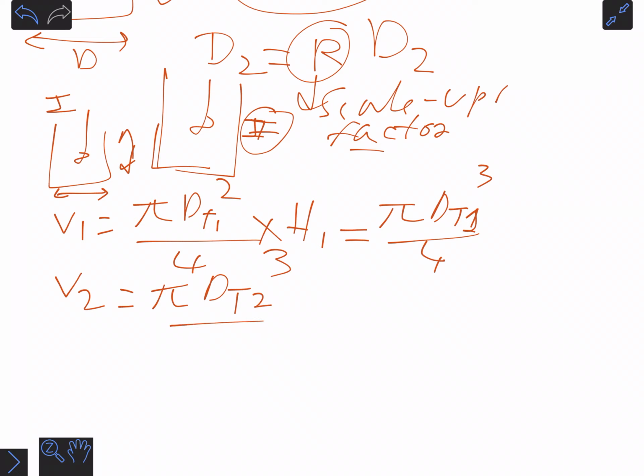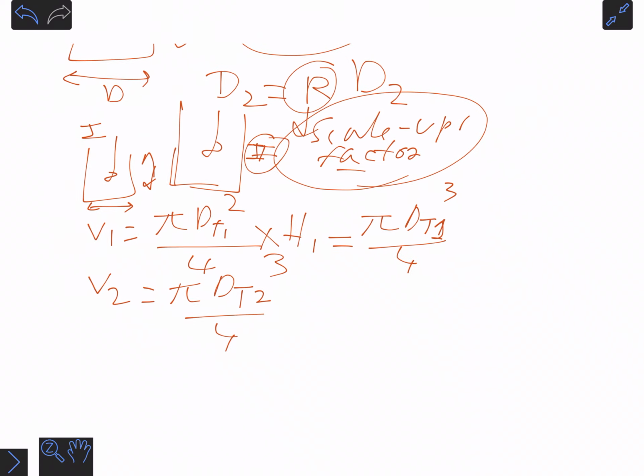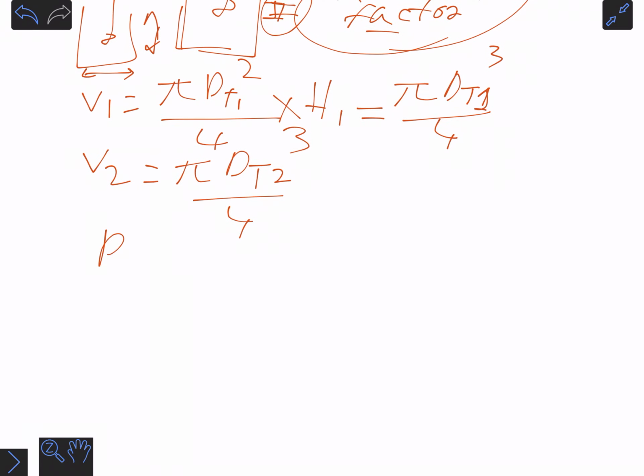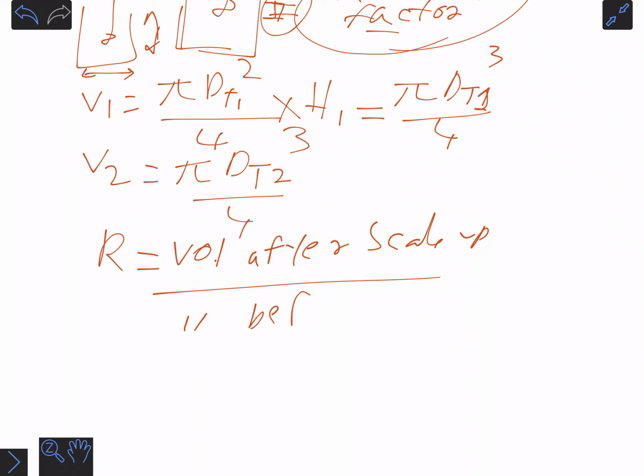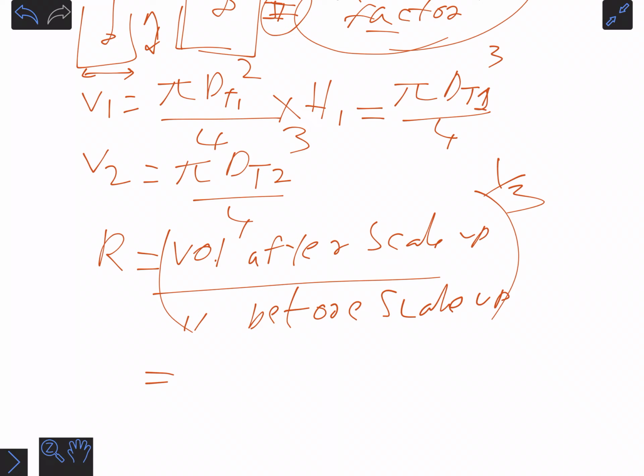Dt2 cube by 4. And since I told you we have to find the scale up factor, how we find it is r equal to volume after scale up divided by volume before scale up, to the power 1 by 3, or r is nothing but the diameter of tank 2, that is the bigger vessel, divided by the smaller vessel.